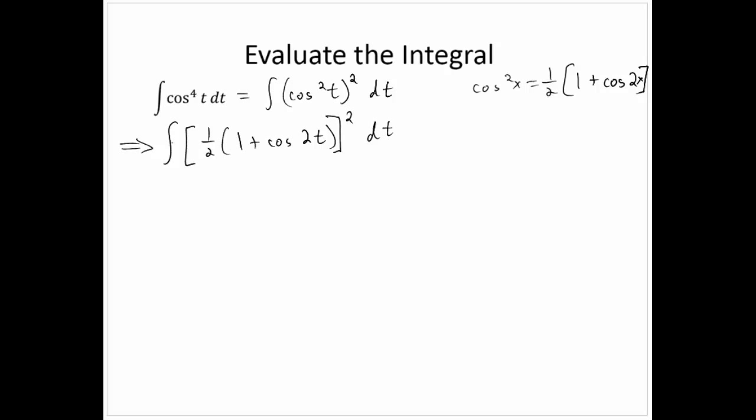Now simplifying, 1/2 squared is 1/4, and then 1 plus cosine 2t squared would be 1 plus 2 cosine 2t plus cosine squared 2t dt.